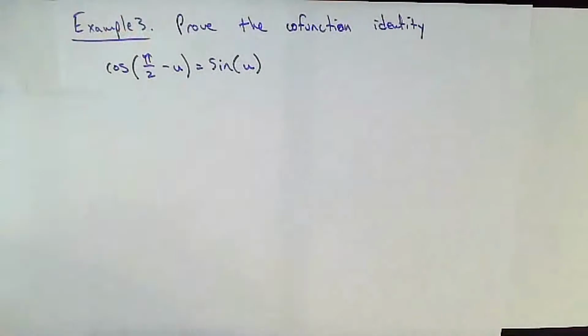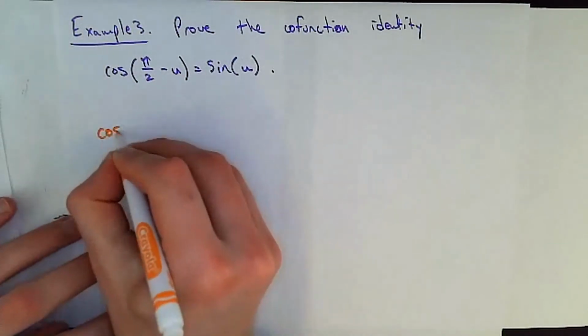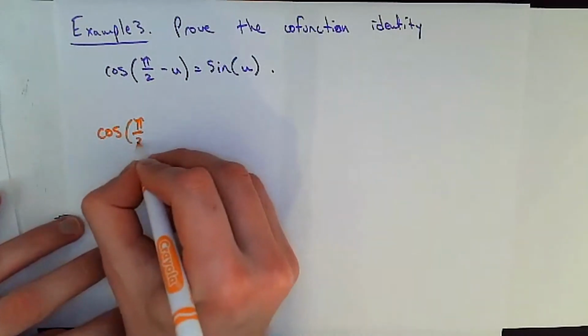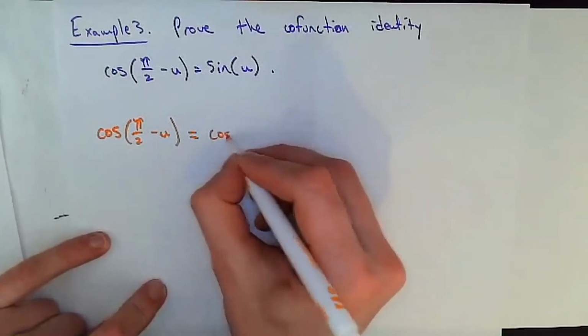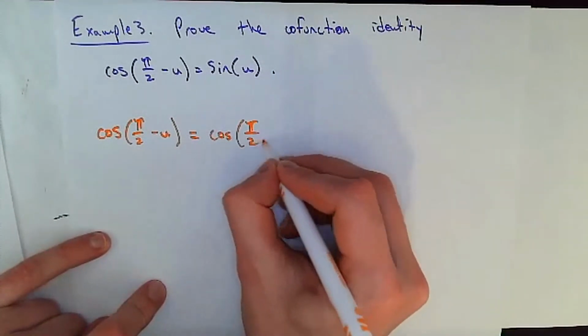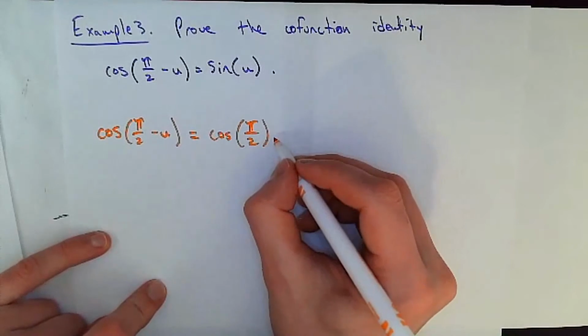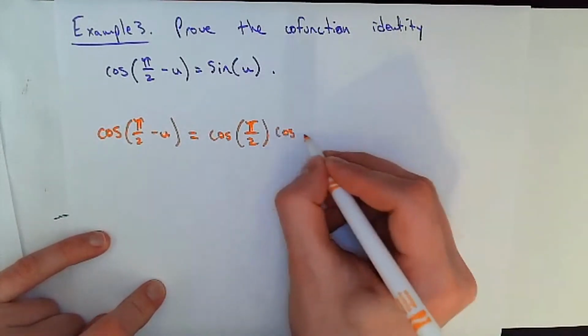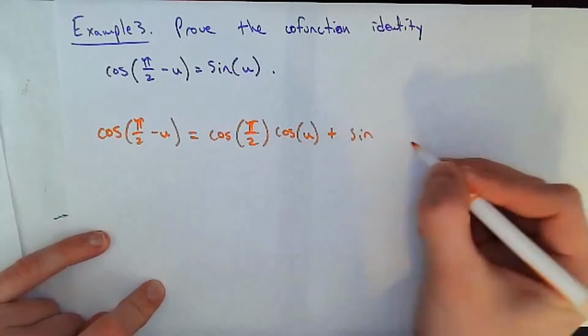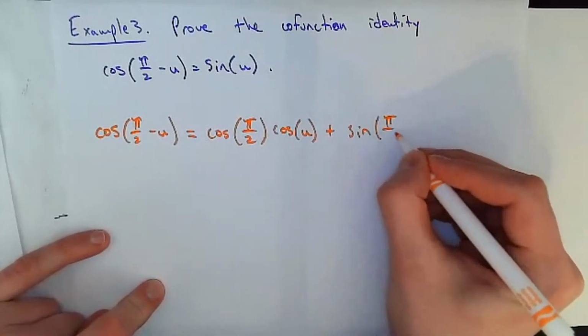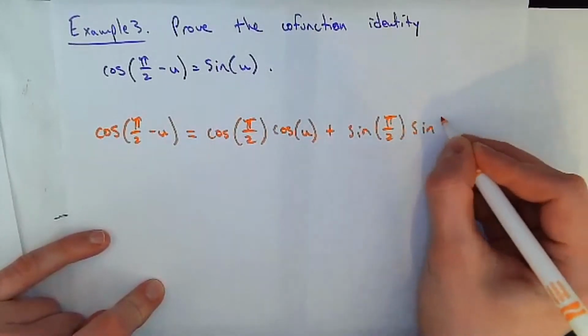So I know by that formula that cosine of pi over 2 minus u is equal to cosine of pi over 2 times cosine of u, plus the product of the sines at those two values, sine of pi over 2 and sine of u.